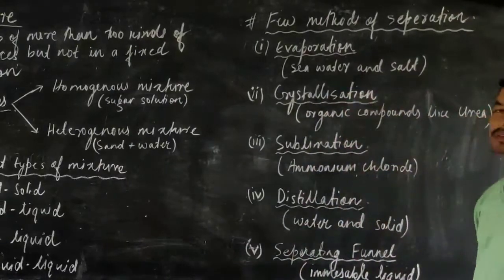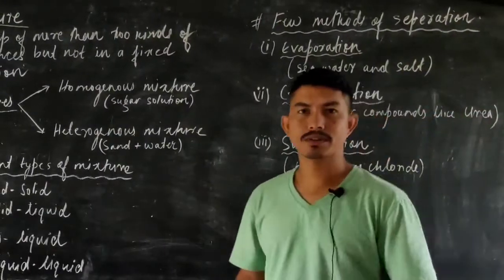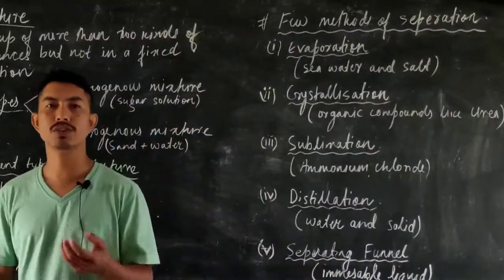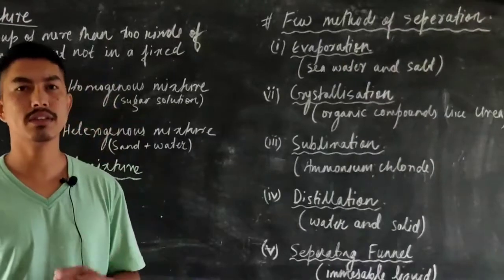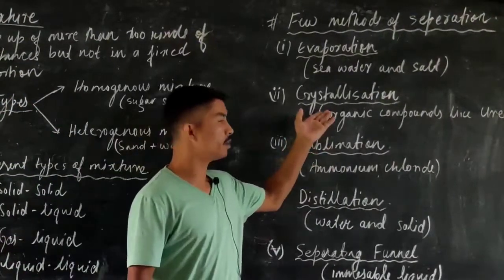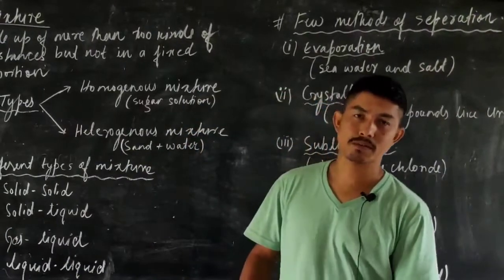The second is the method of crystallization. In this method, a highly concentrated solution is heated to a very high temperature and then suddenly cooled down. On cooling down, the crystals appear. That method is known as crystallization.